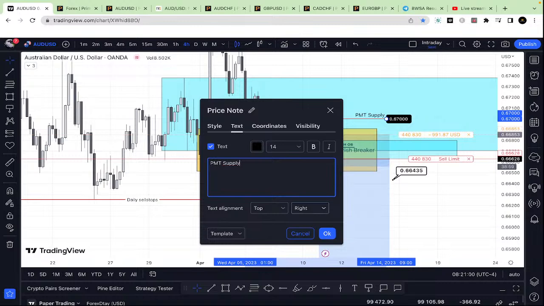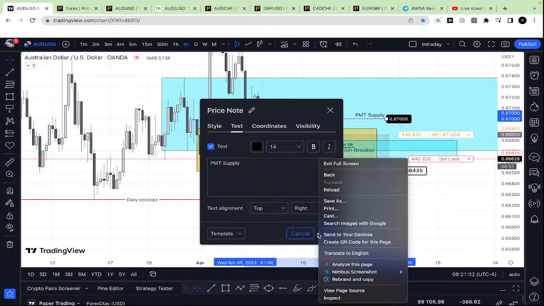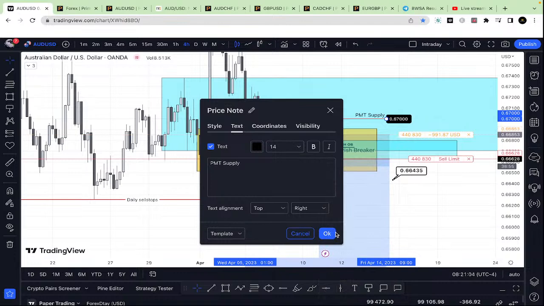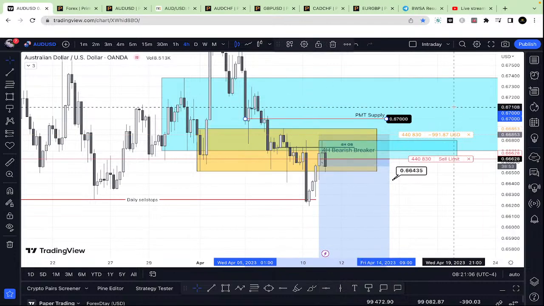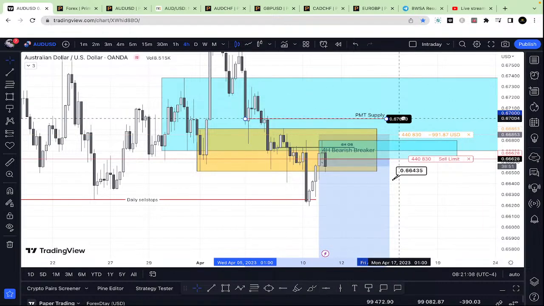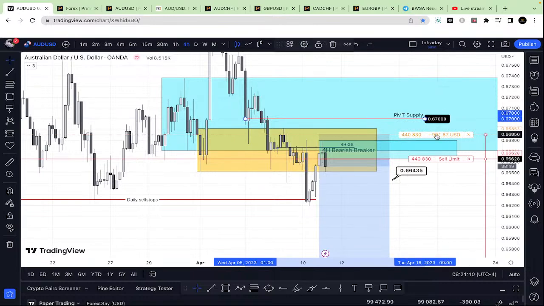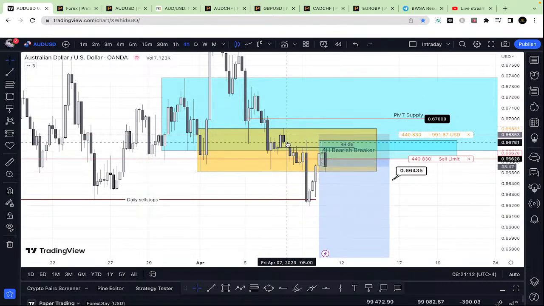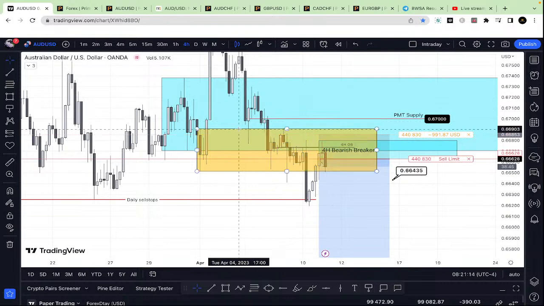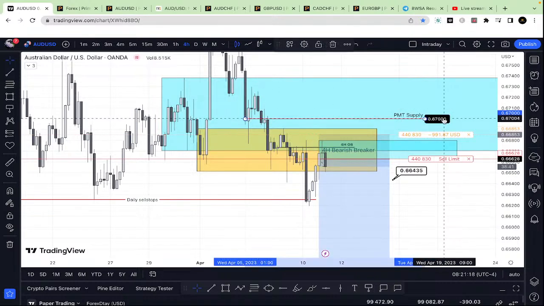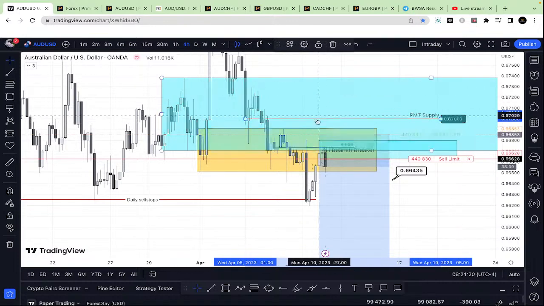So we can mark that up as an area of interest in case we get stopped out. That's going to be the area of interest for a second entry, for a re-entry, my bad. If we do end up getting stopped out, I will look to engage at this level here instead, and look for the rejections and weakness here in confluence with the daily order block.